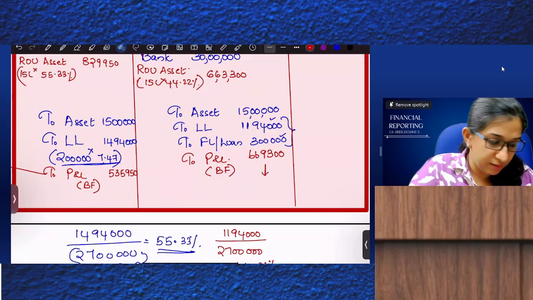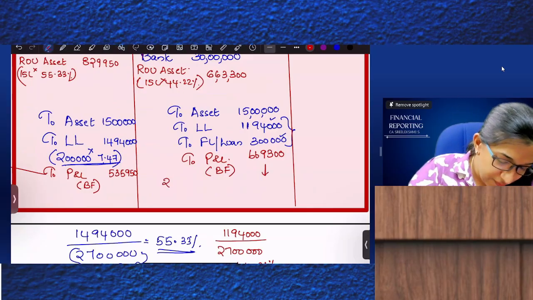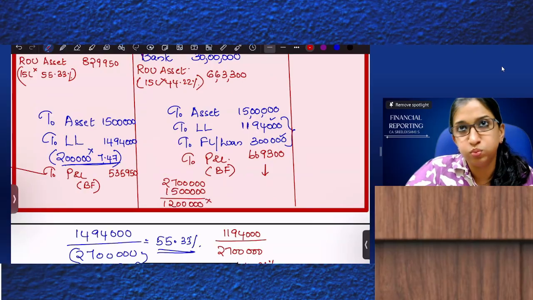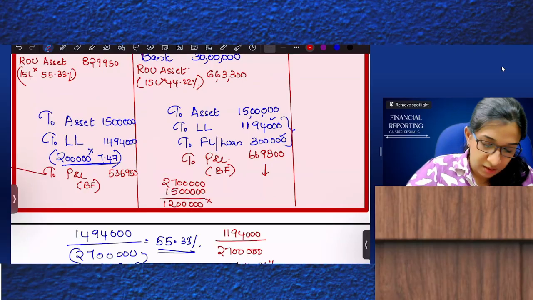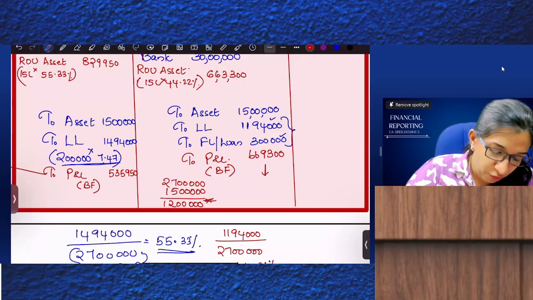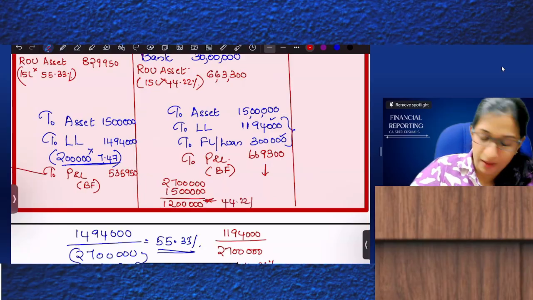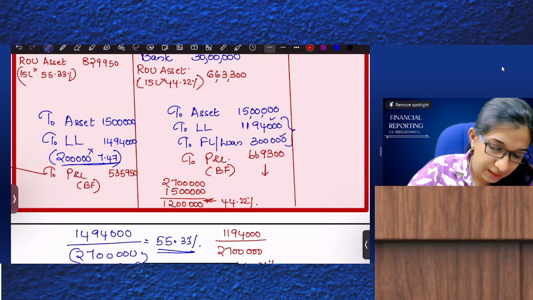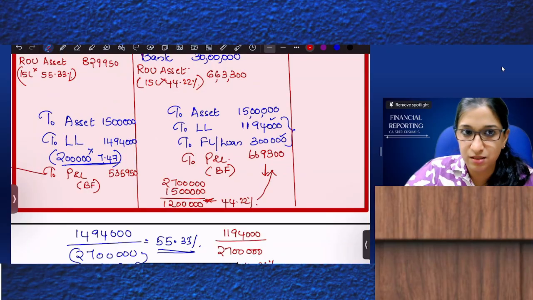How will I tally? 27 lakhs is the sale price, no doubt. 15 lakhs is the carrying value. So 12 lakhs is the profit from the asset, minus 44.22% which is leased back. So 12 lakhs minus 44.22% is 6,69,000. Are you doing this?